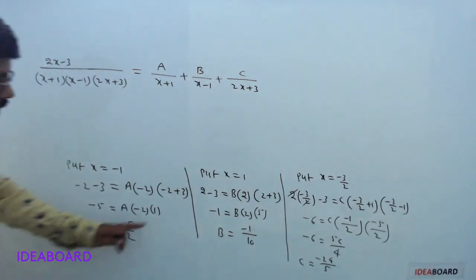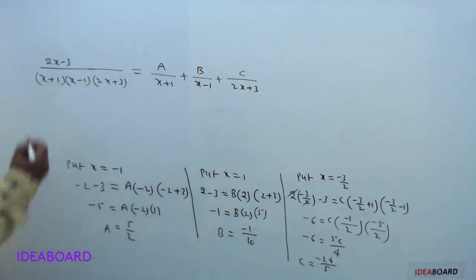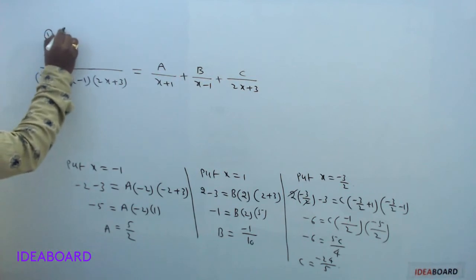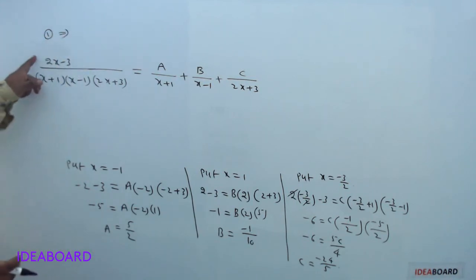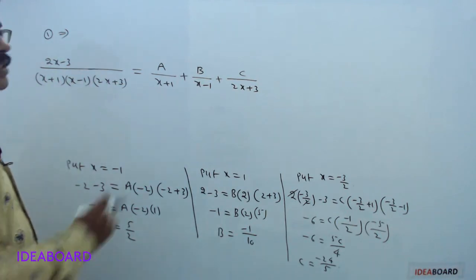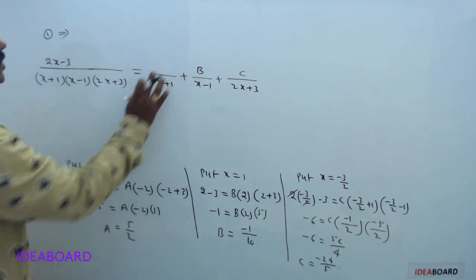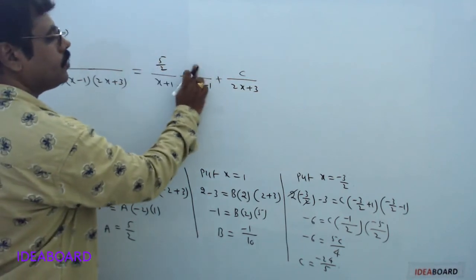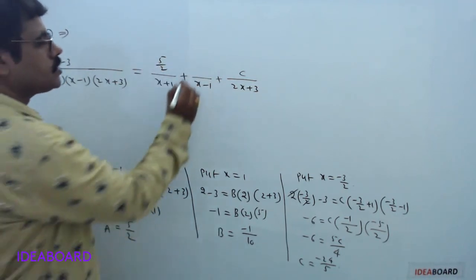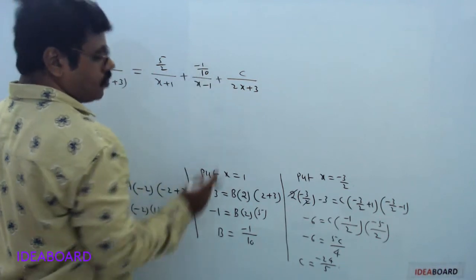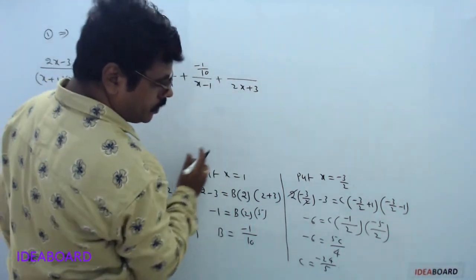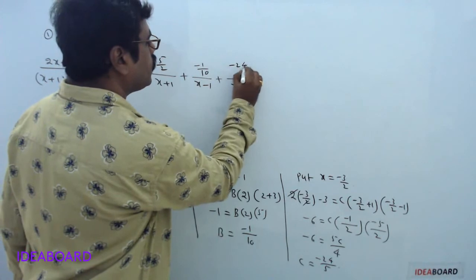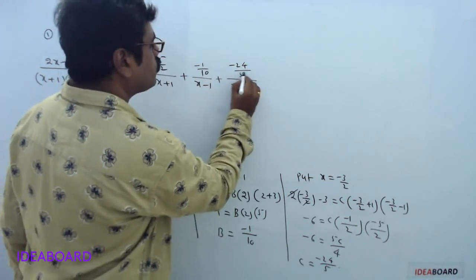Now first substitute a, b, c values in this equation 1. So 2x minus 3 divided by x plus 1 into x minus 1 into 2x plus 3 equals, what is a value? A value 5 divided by 2, then b value minus 1 divided by 10. What is c value? Minus 24 divided by 5.